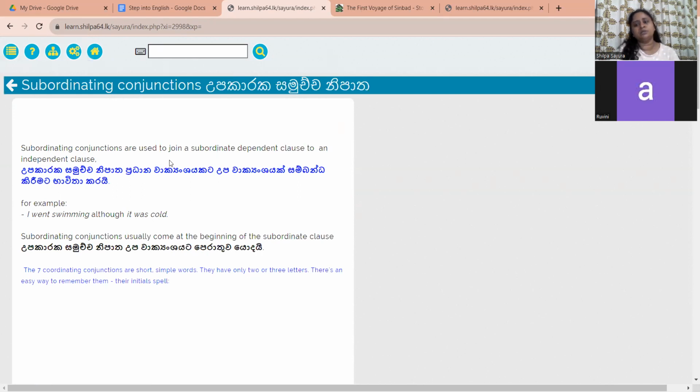Subordinating conjunctions are used to join a subordinate dependent clause to an independent clause. See the example: I went swimming although it was cold. The subordinate clause is: it was cold. With the I went swimming.